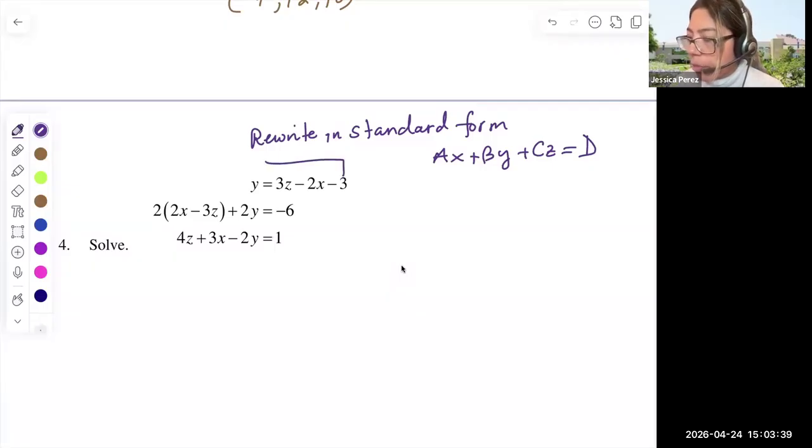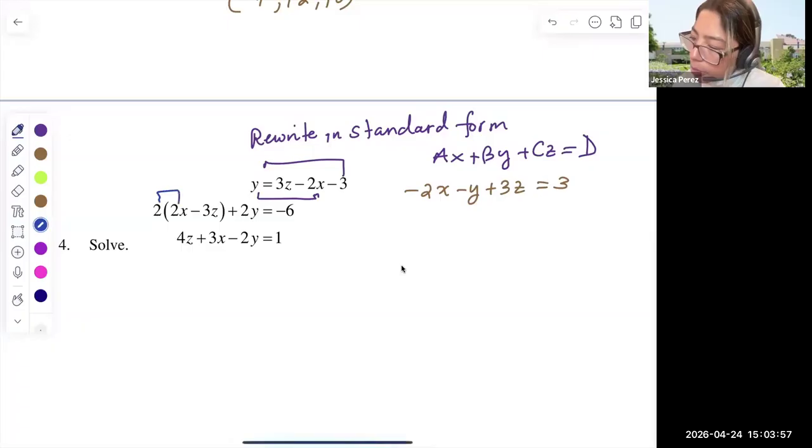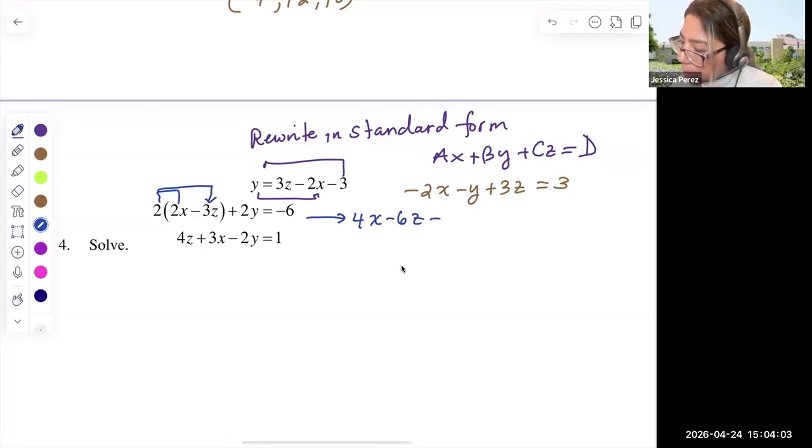I'm going to bring the 3 over and the y over. So then I'll have for the first equation negative 2x minus y plus 3z equal 3. And then I will have the next equation. I'm going to do some prep work. So I'm going to clean it up and I'll have 4x minus 6z plus 2y equal negative 6.